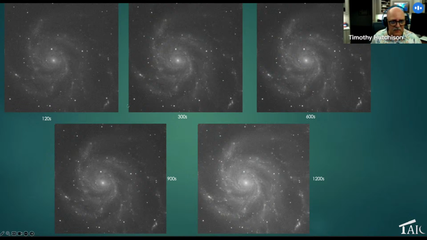I know the picture can be quite small. But if you can see it, you'll notice that this image is much more grainy, much more noisy than this image, right? Each step of the way from 120, 300, 600, 900, 1200 seconds, all of a sudden at 1200 seconds, this sucker's starting to look nice and smooth.